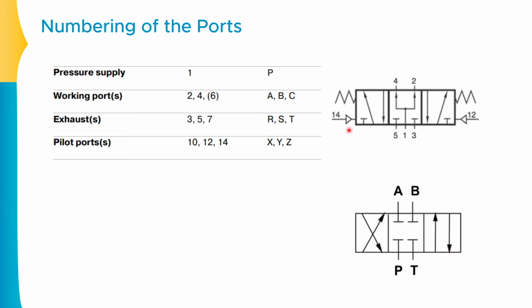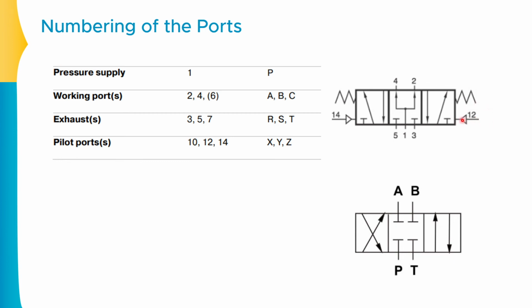Now, as you remove this pneumatic pressure, the spring which has been compressed will be released. So what will happen? Automatically this direction control valve will obtain its normal position. Once again, if you want to actuate the right hand side position, what will you do? You will pressurize the 12th port, number 12 available over here.